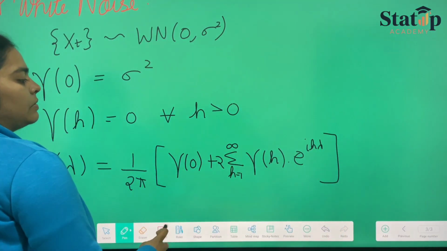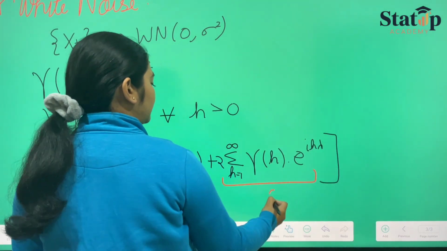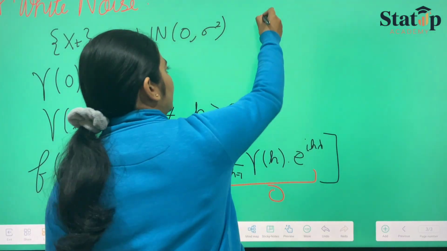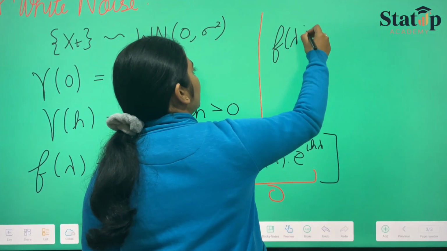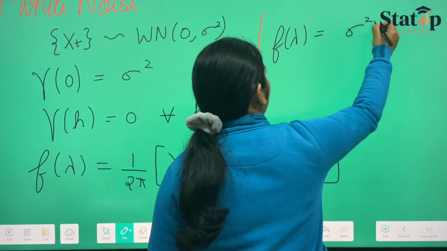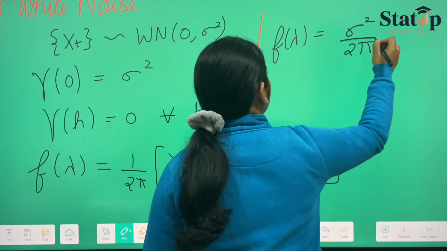Now gamma h equals 0, so this whole term becomes 0 and we are only left with gamma 0, which is nothing but f lambda equals sigma square by 2 pi.